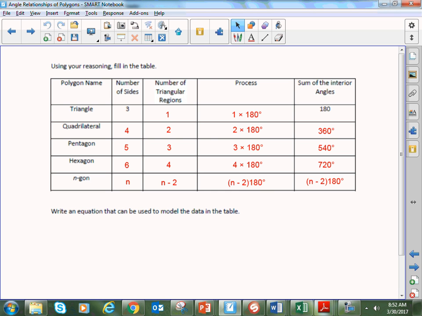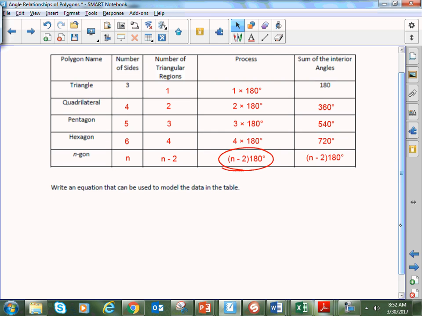And that's really that process giving us this particular expression here. That's the heart of this particular investigation, making sure that we can get that expression.